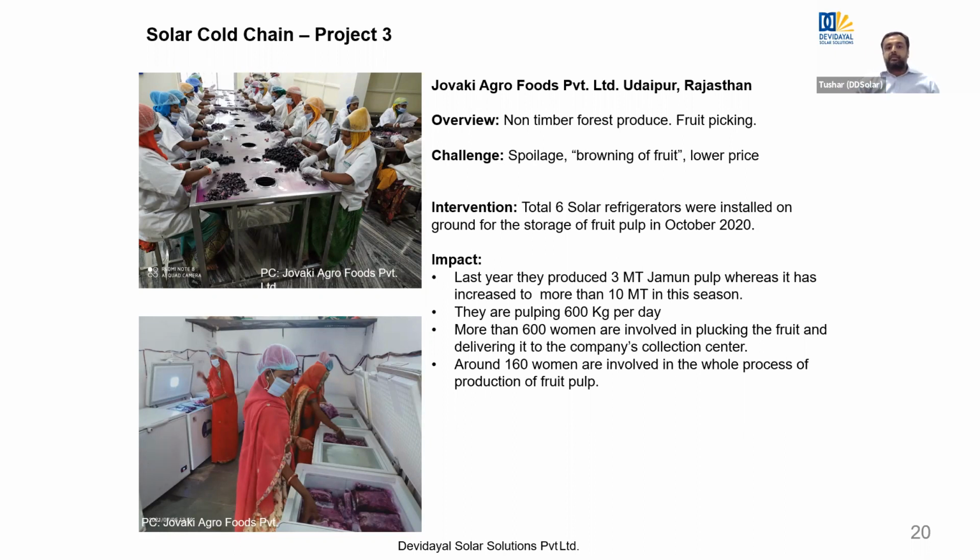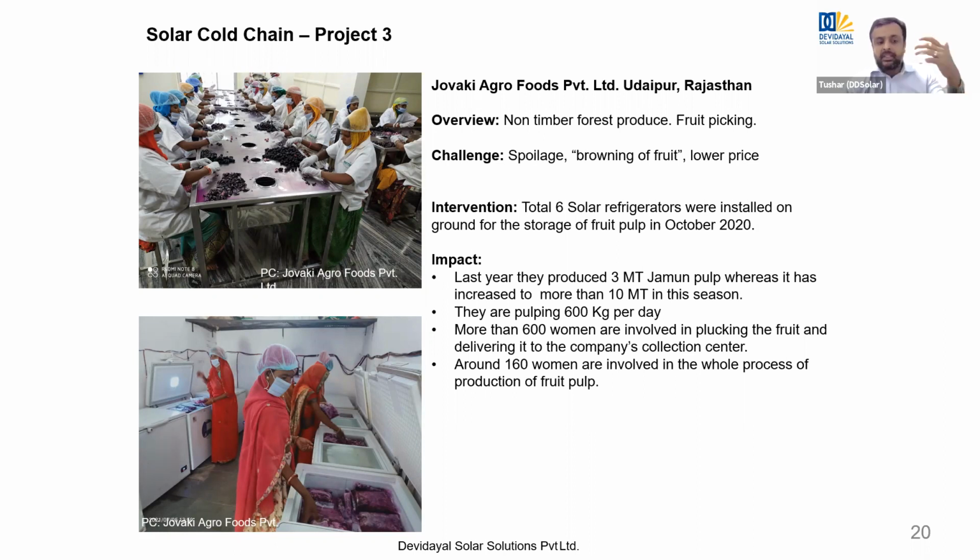Plug that gap in the cold chain, in the supply chain, the lack of electricity, and we really managed to get it in there just in time for this season, where again we see the impact really rapidly scaling up from 3 tons to 10 tons.